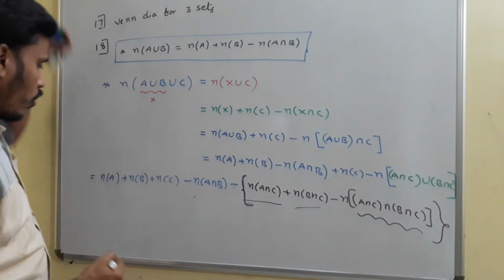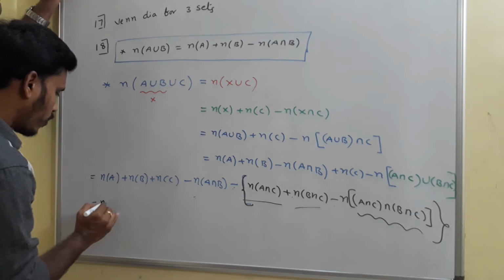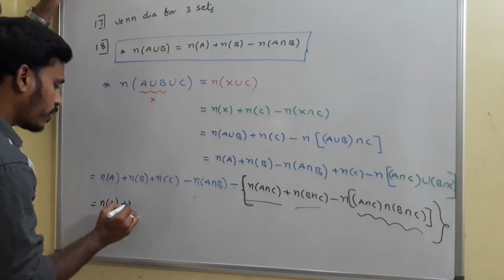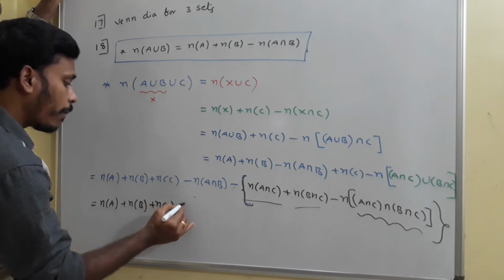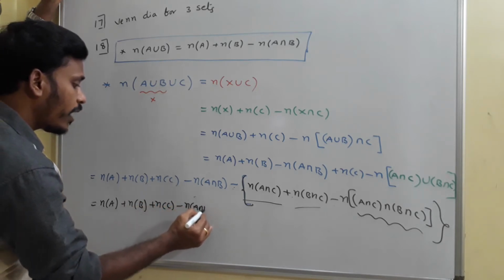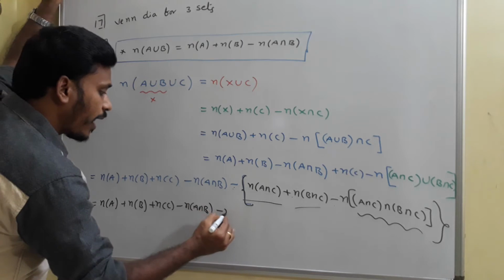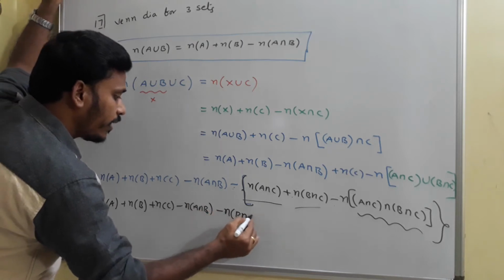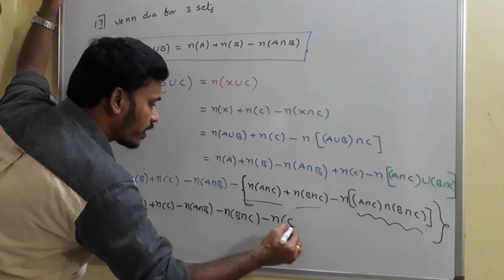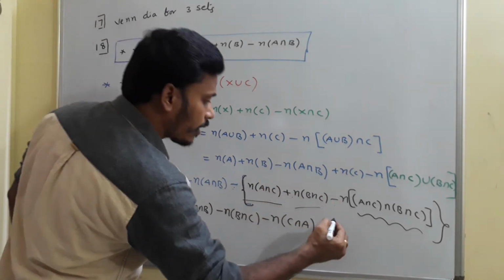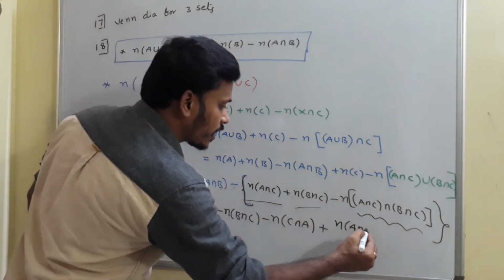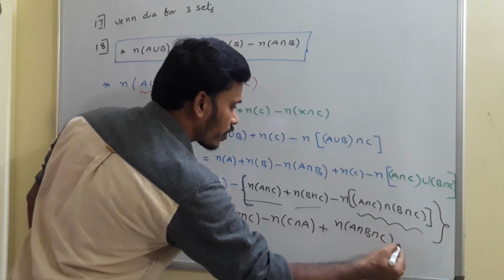Is it right? So at the end this is equal to n of a plus n of b plus n of c minus n of a intersection b minus n of b intersection c minus n of c intersection a, and minus of minus plus n of a intersection b intersection c.